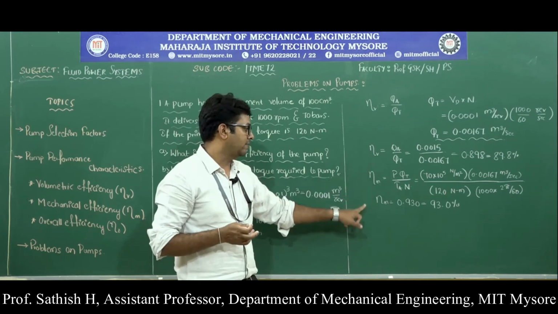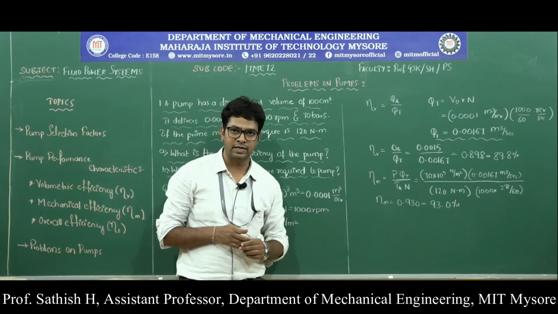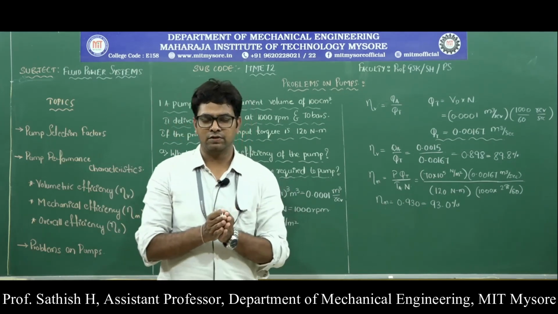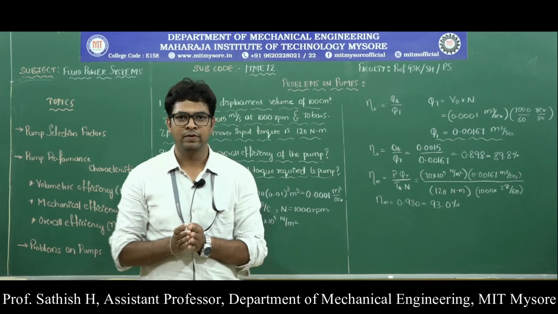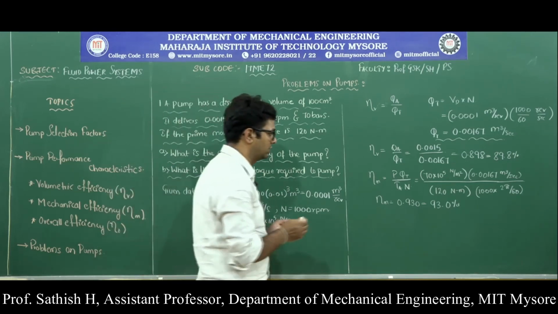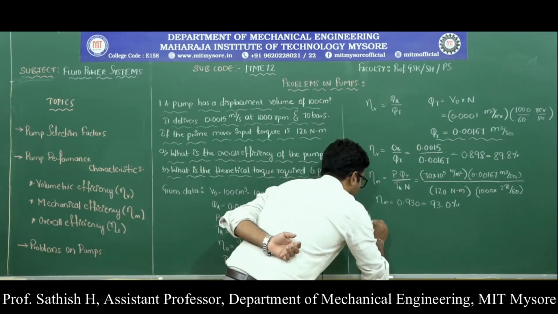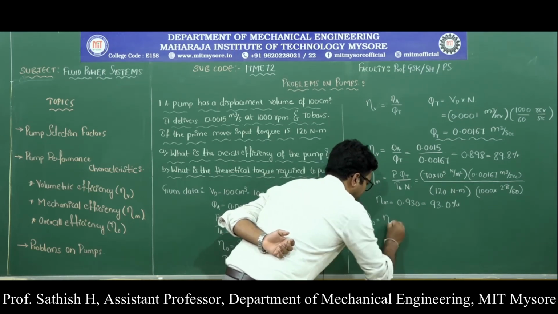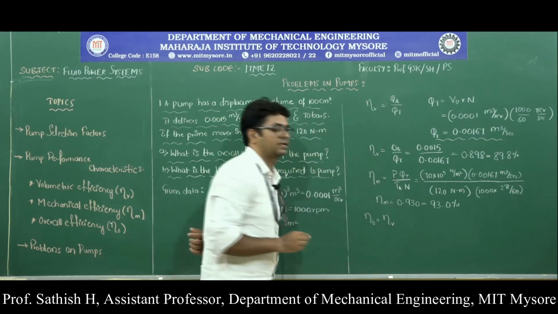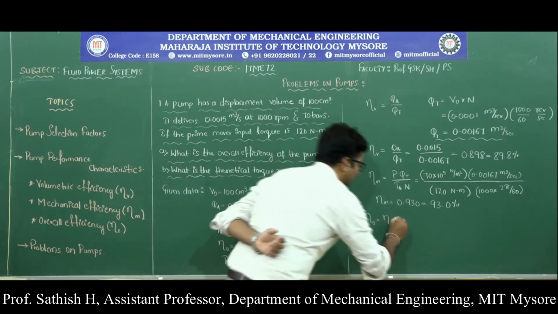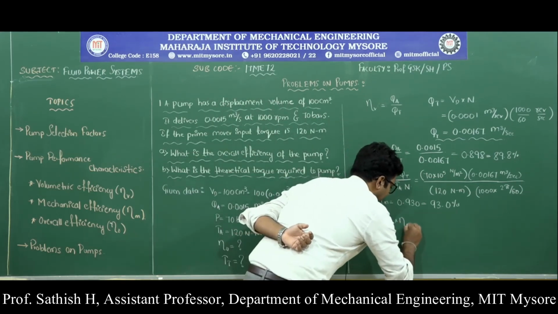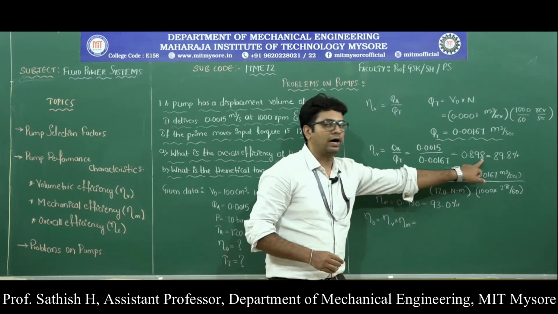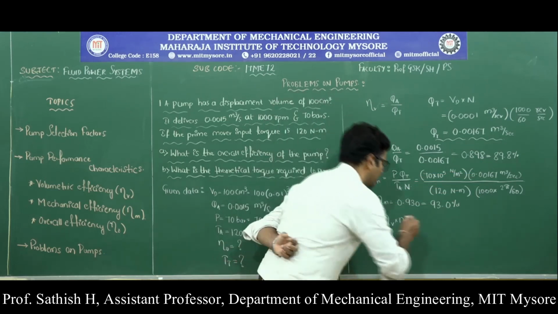So we have the volumetric efficiency and the mechanical efficiency. We know that the overall efficiency is a multiplication of these two, that is the mechanical and the volumetric efficiency. Let us do that. So nu overall is equal to volumetric efficiency, that is nu V, multiplied by mechanical efficiency, that is nu M. What is the volumetric efficiency of the pump? This is 0.898.